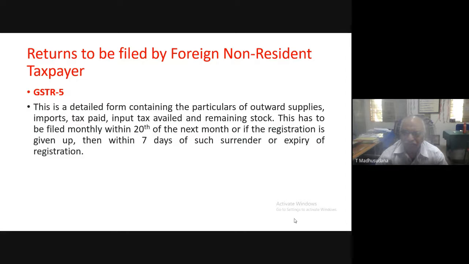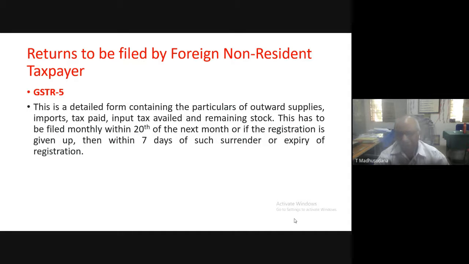This has to be filed monthly within 20th of the next month, or if the registration is given up, then within 7 days of such surrender or expiry of registration. So the due date for filing this GSTR 5 is 20th of the next month.